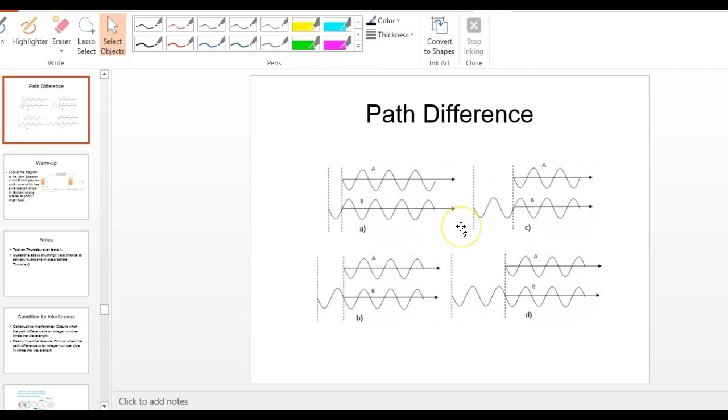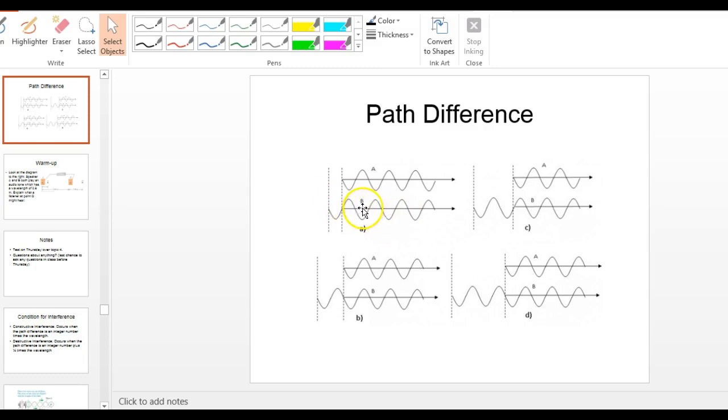And we had looked at this slide here, and in this example, you can tell looking at wave A and wave B that wave B has farther to travel than wave A, and so the path difference is the amount that wave B is longer than wave A by. It's this difference here.